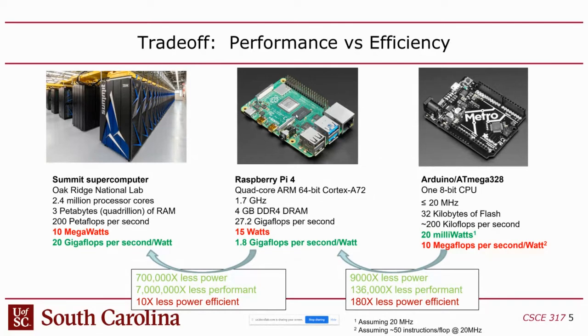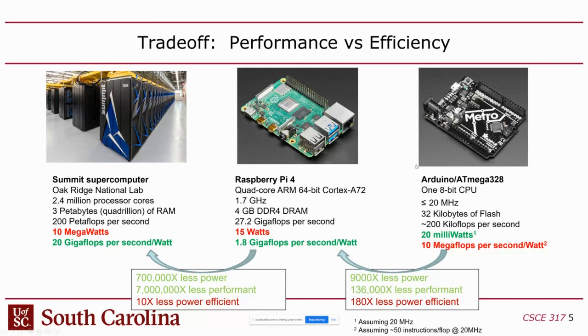So the floating point capability of this Arduino chip is 200 kiloflops per second, and this makes it 180 times less power efficient than a Raspberry Pi. Because it uses 9,000 times less power than a Raspberry Pi, basically at full load, right? But it's 136,000 times less performant. So it's 180 times less power efficient than a Raspberry Pi.